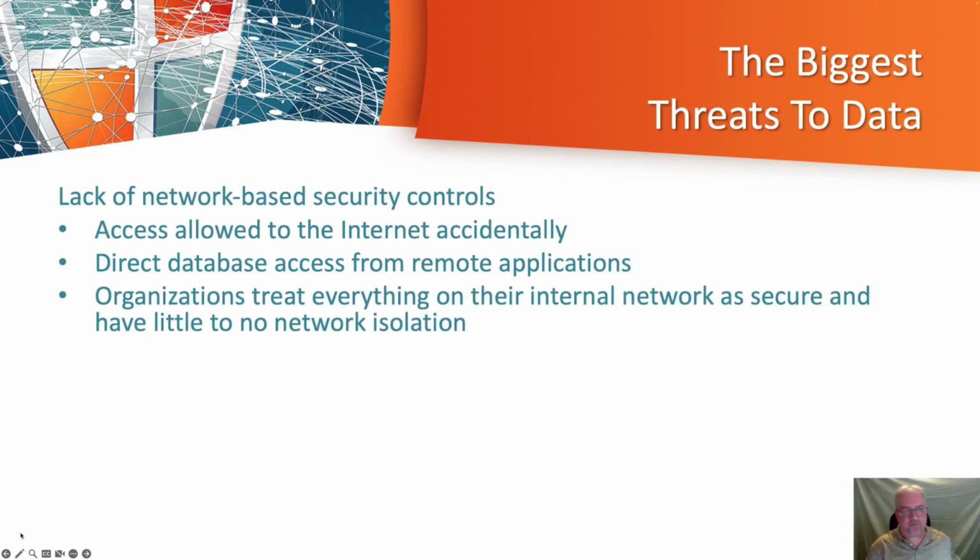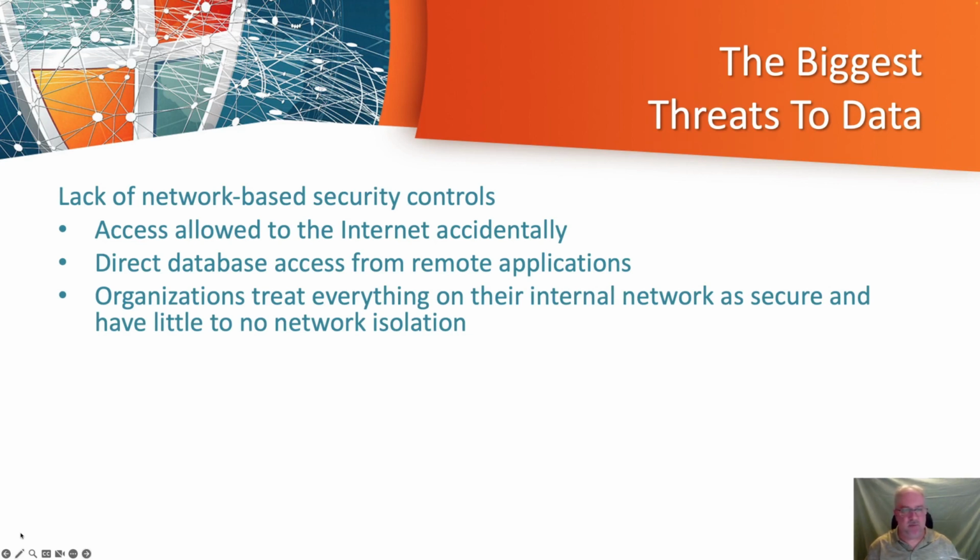All right, so some of the biggest threats to data that we face are a lack of network-based security controls, right? As we'll see on an upcoming slide, a couple of the high-profile compromises were just simple controls that weren't put in place. Direct database access from remote applications, for example: in public cloud, the default behavior is to connect to your database through a public interface.